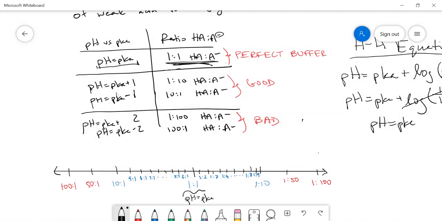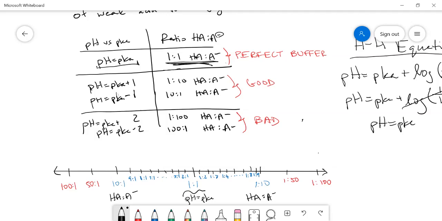But this table is telling you that as long as you're within a 1-to-10 to 10-to-1 ratio of weak acid to conjugate base, if I go over here and fill this in, you're still going to have an appreciable amount, or enough, of weak acid and conjugate base so that it's still considered a good buffer.